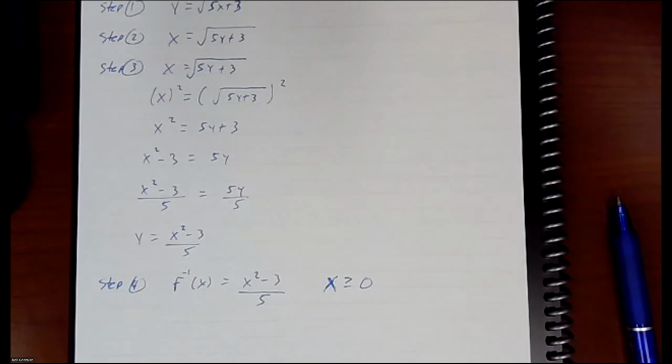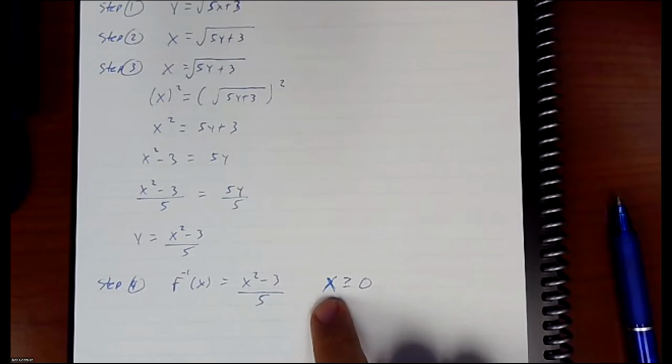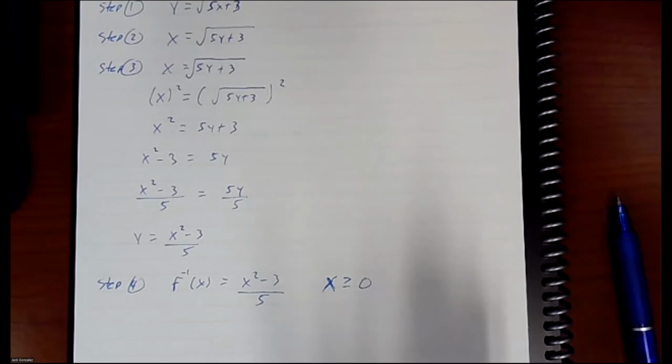Also, for the x greater than or equal to 0, that would allow this function to be 1-to-1. Because if I don't put the restriction, this is not 1-to-1, which will mean it has no inverse, which is a problem.